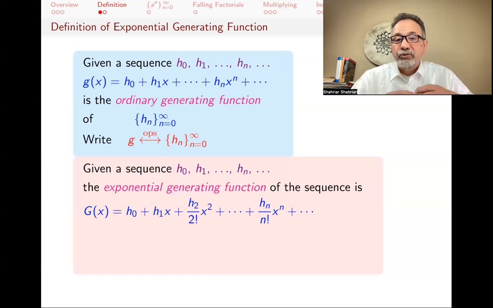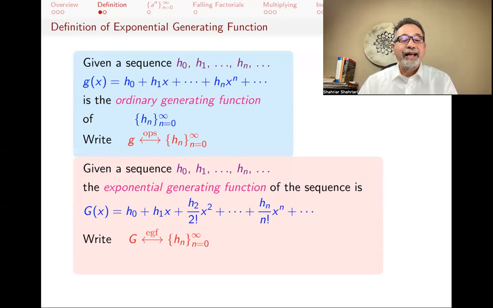I often use capital letters, capital G of x. The difference between this and the ordinary one is that I don't just put h0, h1, h2, and hn as coefficients of powers of x, but first I divide them by factorials. So I put h0 over 0 factorial, plus h1 over 1 factorial x, plus h2 over 2 factorial x squared, and all the way to a typical term being hn over n factorial x to the n. And this is going to be written as EGF, the exponential generating function of this sequence.